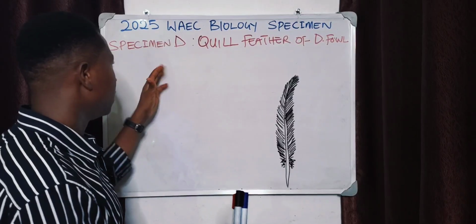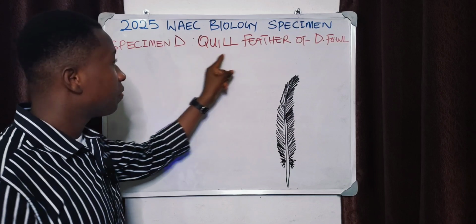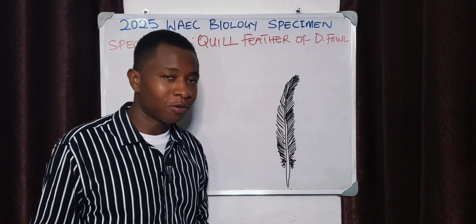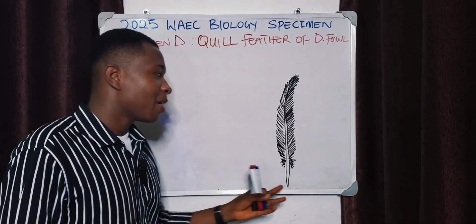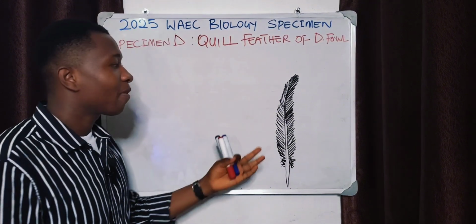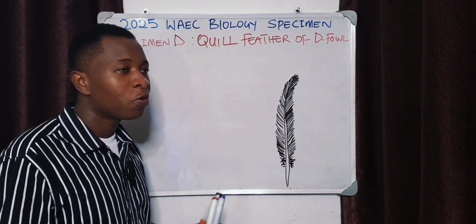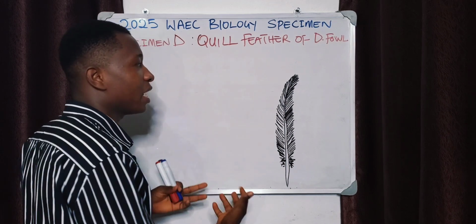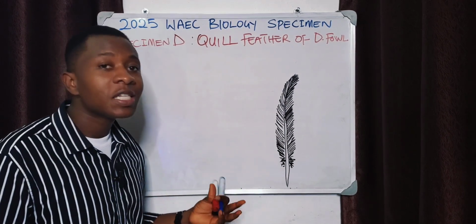All right, specimen D. So specimen D is quill feather of domestic fowl. So what are the questions that can emanate from this particular specimen? You can be asked, from which kingdom or from which phylum do we get this particular specimen?